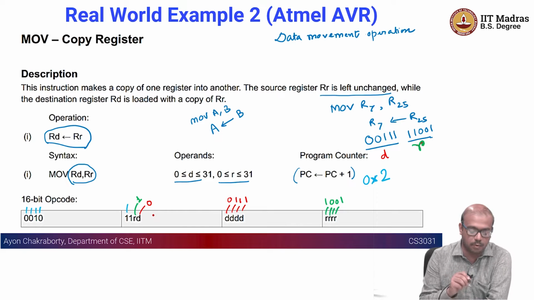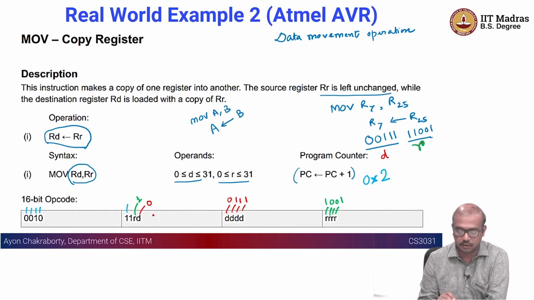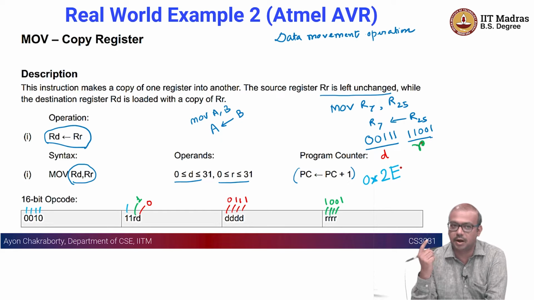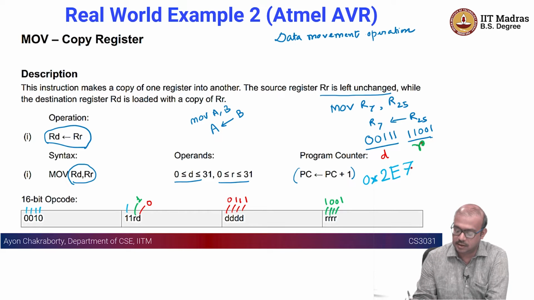So this becomes 1110, which is E. 1110 is 1 less than 1111, which is F. So 1110 is E. Then we have 0111, which is 7. Then we have 1001, which is 9.